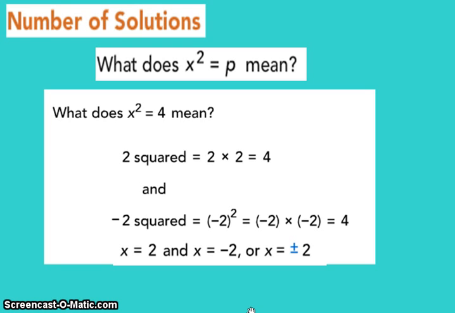We know that 2 squared is 2 times 2, which is equal to 4, and negative 2 squared, which is negative 2 times negative 2, is also 4. So as far as the number of solutions, x is actually equal to both 2 and negative 2. Please note the way this is going to be written. When there are 2 solutions, x will equal plus or minus 2.